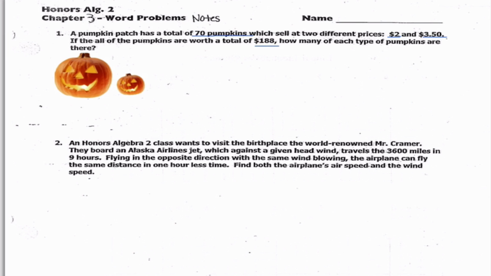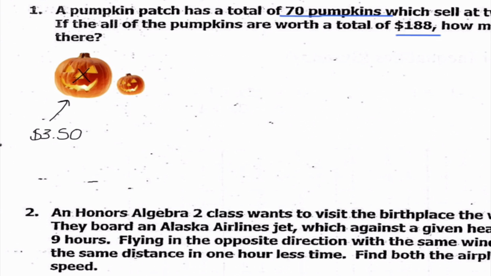In this problem, we have two different types of pumpkins. We have our big pumpkin, which I'm going to call x, and that is the one that costs $3.50. And then we have our little pumpkin, which I'm going to call y, and that is the one worth $2 apiece.